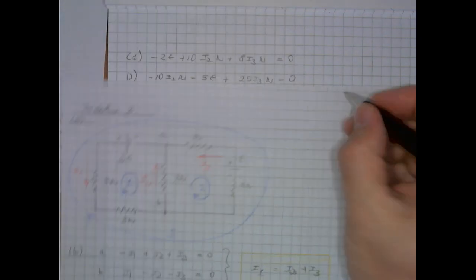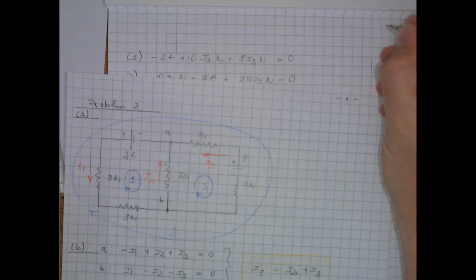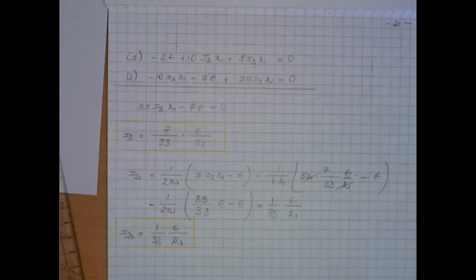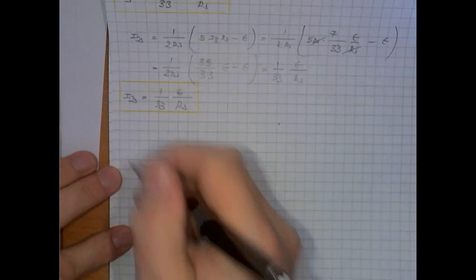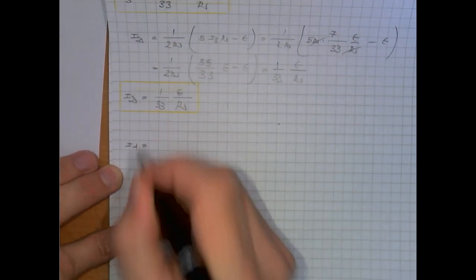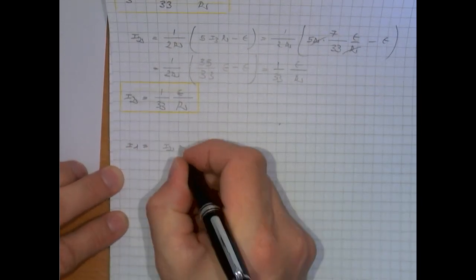I'll label this as page 1, page 2 here. And now we do the last part, namely I1. And I1 you can simply get as I2 plus I3.